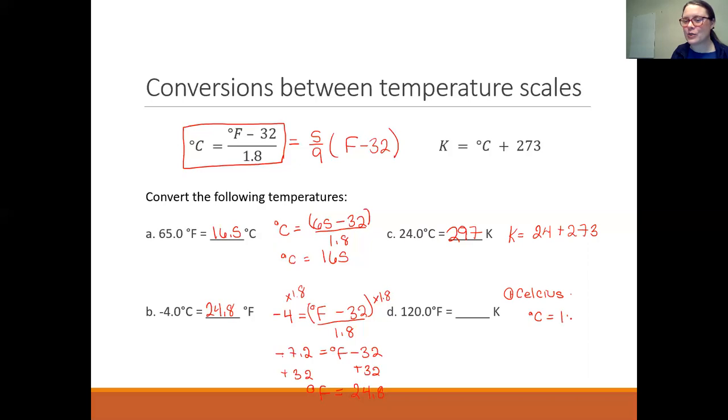Degrees Celsius is equal to 120 minus 32 divided by 1.8. And that leaves us with 48.9. Then to get to kelvins, that's equal to 48.9 plus 273, which gives us 321.9 kelvins.